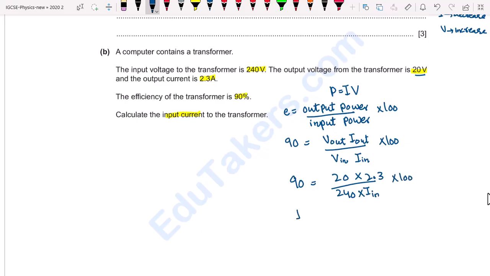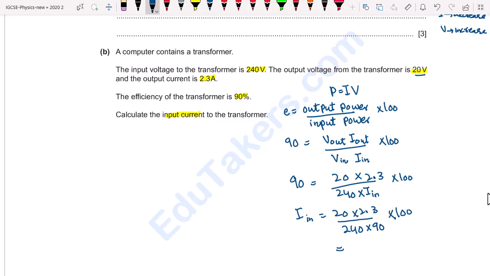So I write here I input is equal to 20 multiplied by 2.3 over 240 multiplied by 90, and then I have to multiply it by 100.